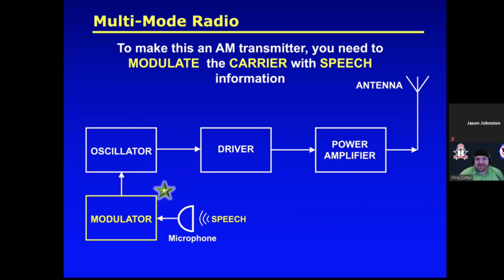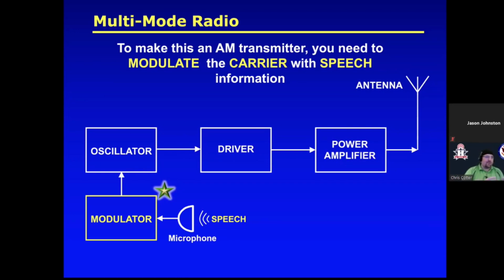This is going to be an AM transmitter. So you still have your oscillator there doing the same thing as it did in that last one. But then you have your modulator. Your modulator is going to take your speech, your analog speech that you're talking into that microphone.